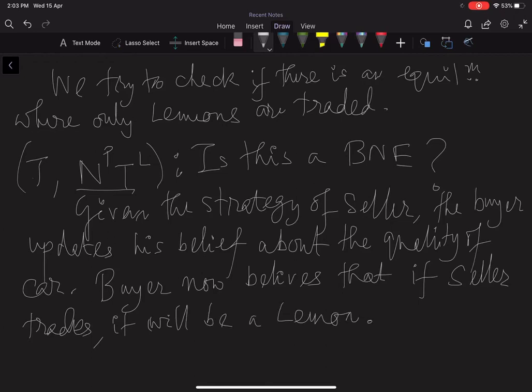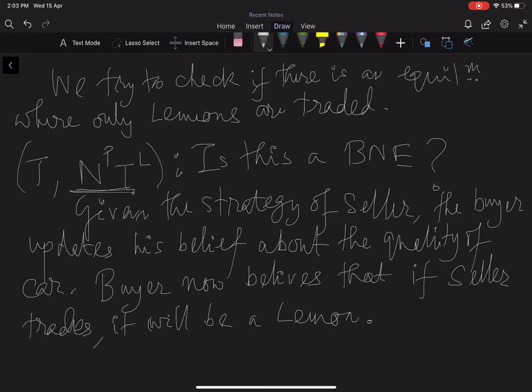And that is because of this given strategy that I've specified. For some other strategy, the belief will be something else. So basically the buyer uses the strategy of the seller to update his belief about the information that he is lacking.